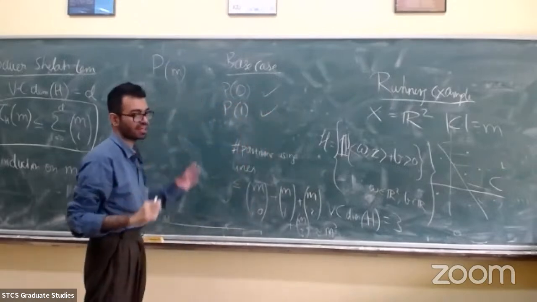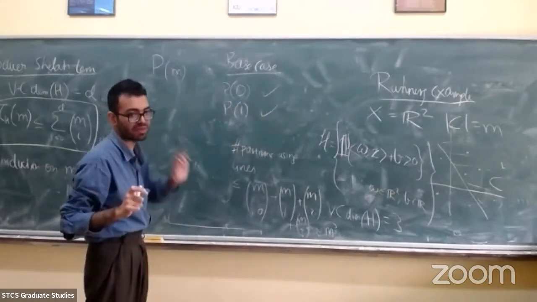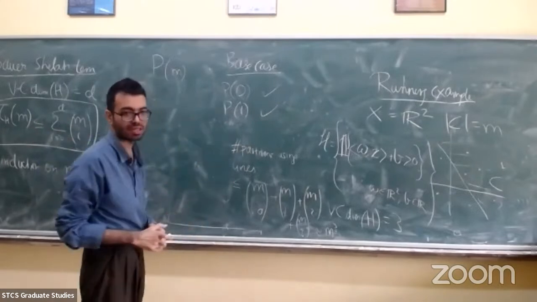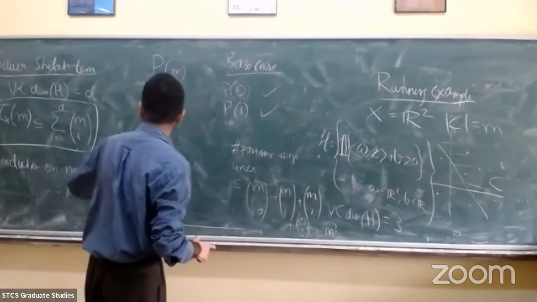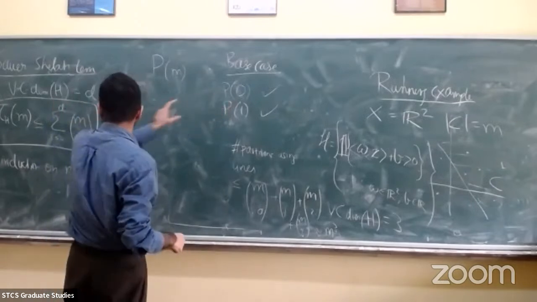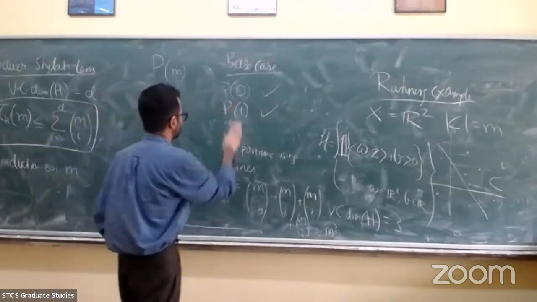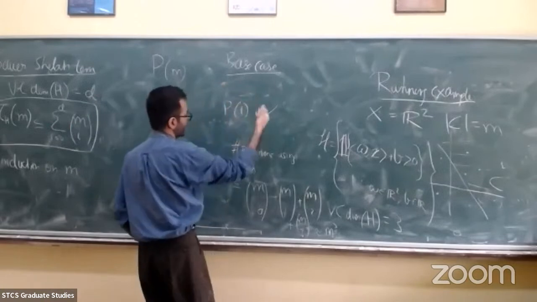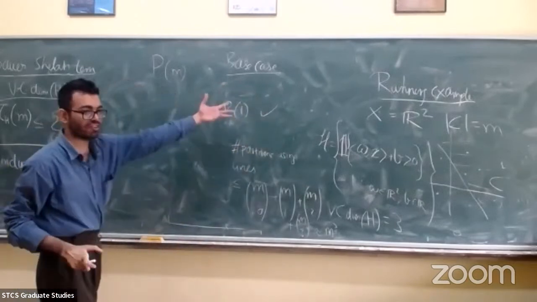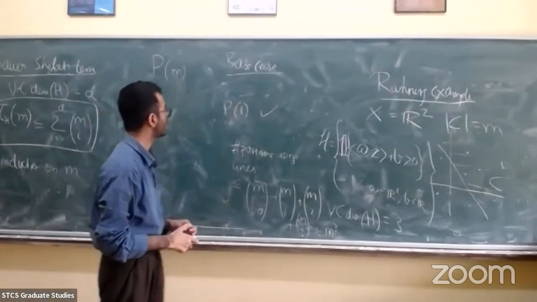We do some simple examples and check them by hand. Maybe m is at least 1; zero doesn't make sense. So P of 1 is true.